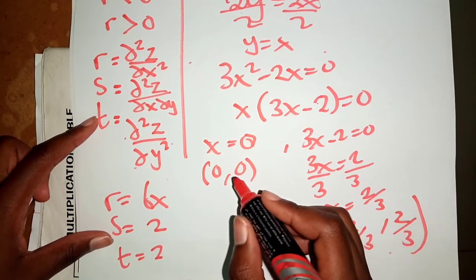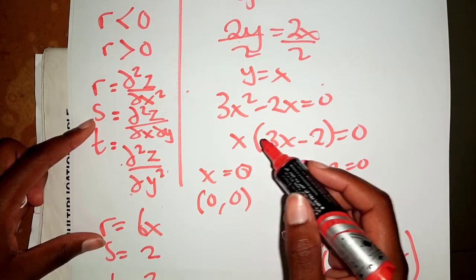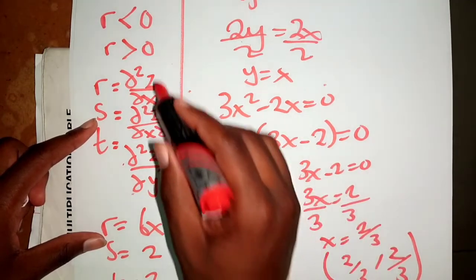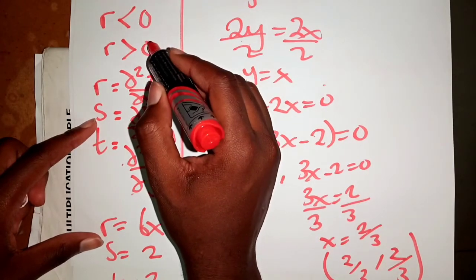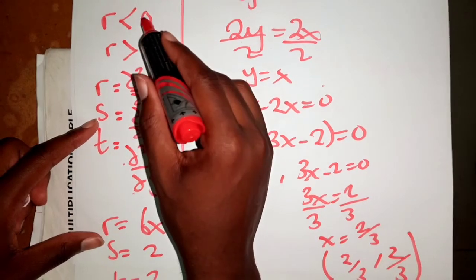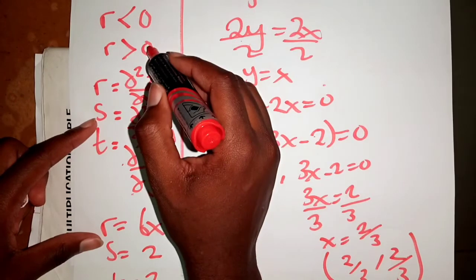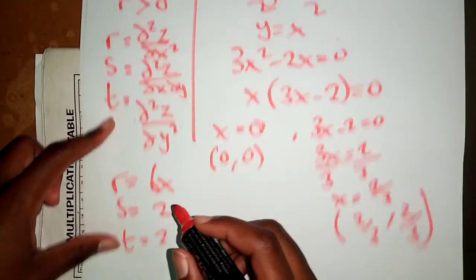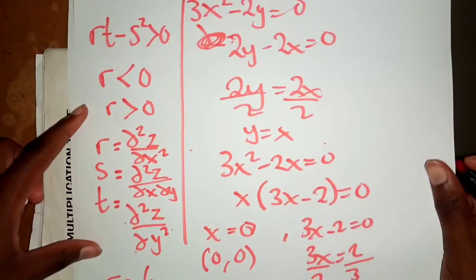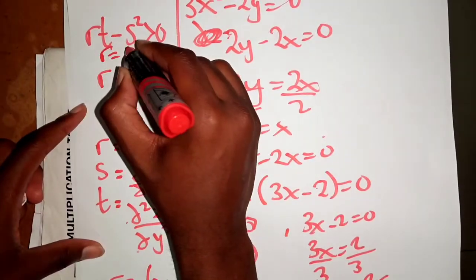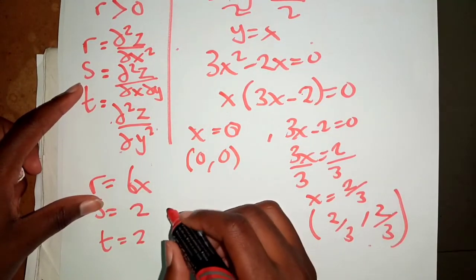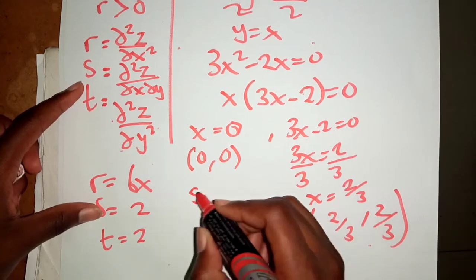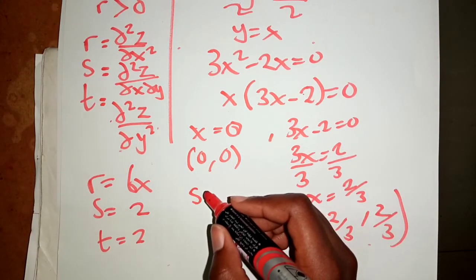For this point we have our r. It's not greater than 0, it's not less than 0, it's equal to 0. So now when r, I forgot to put this one here, when r is equal to 0, we're going to have a saddle point, meaning it's not a minimum or a maximum value. So this point is not a stationary point.